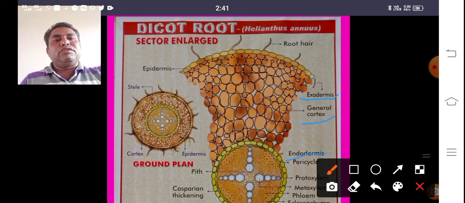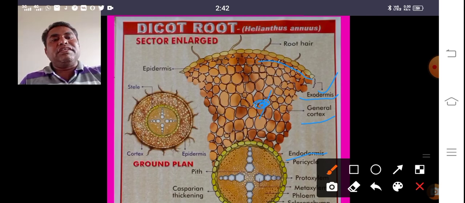Below the epidermis, 2 to 3 layers are called exodermis, which prevents water loss. The general cortex is composed of leucoplasts, which store food material, and it also transports water by lateral conduction.